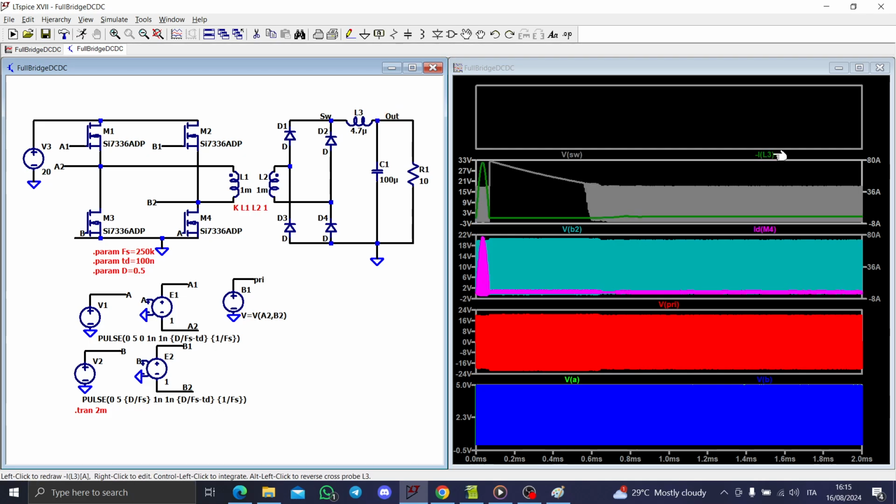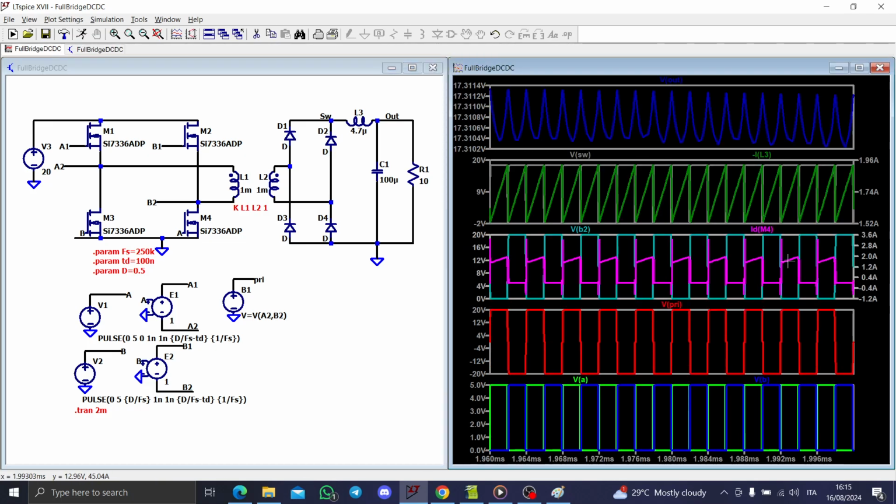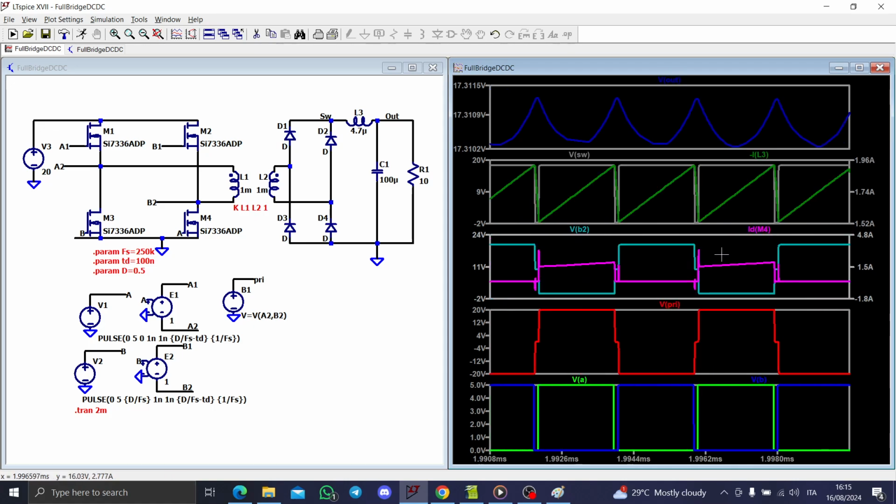Okay, so now it makes more sense than before. Even the diode current makes even more sense. Okay, so now everything is correct.